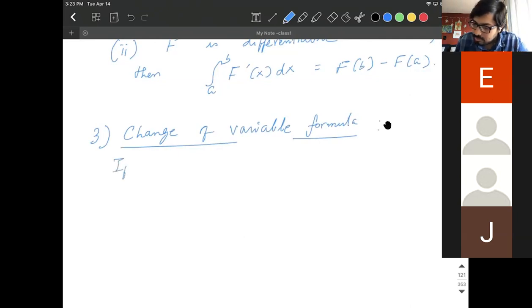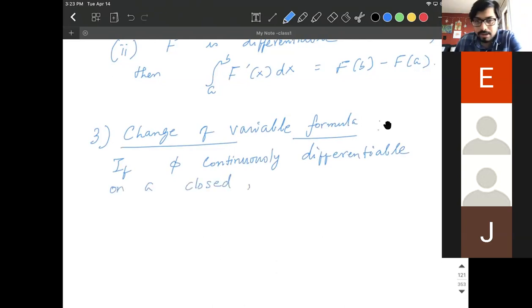That you have phi, which is continuously differentiable on a closed, non-degenerate interval AB, okay? And f is continuous on phi of this interval AB.